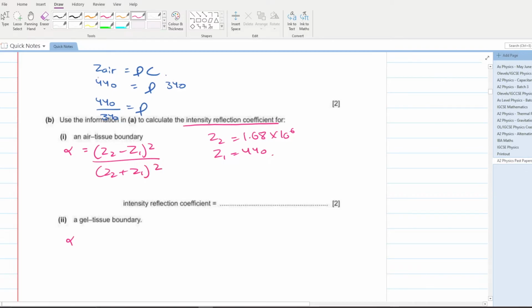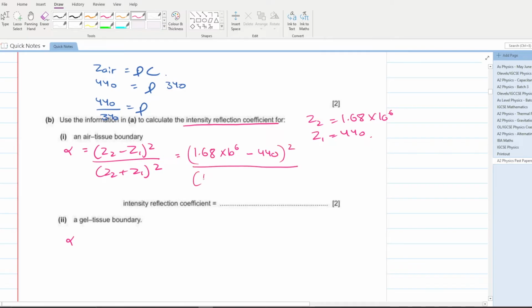Okay. Now let's just plug in the values. Nothing complicated. Z2 is 1.68 × 10^6 minus Z1 is 440, whole square, divided by 1.68 × 10^6 plus 440, whole square. Okay.